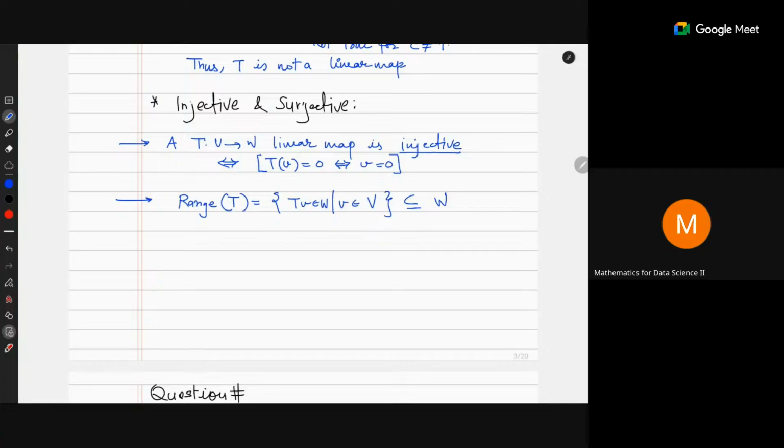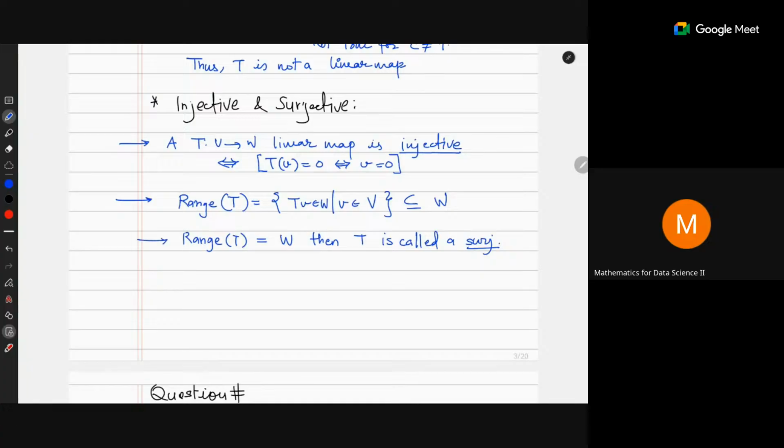All right. So if range of T is equal to W itself, then T is called a surjection.